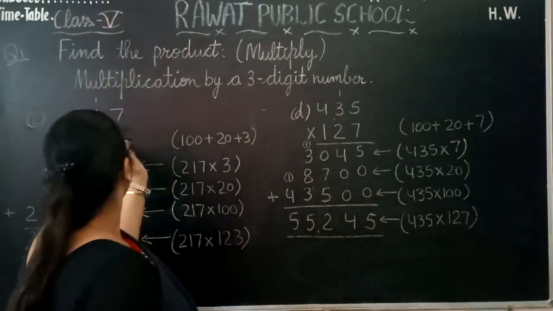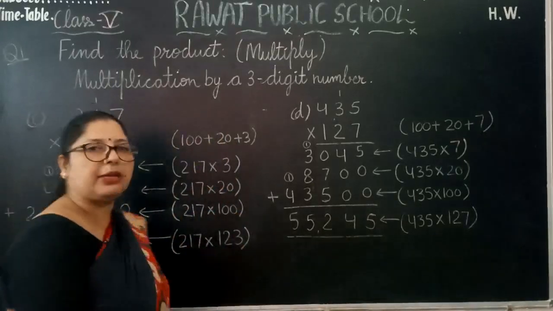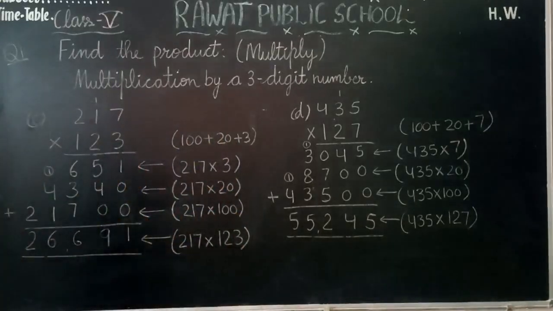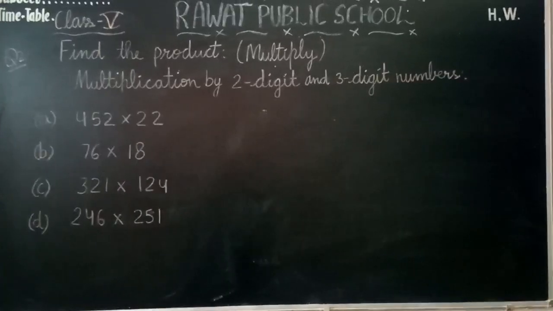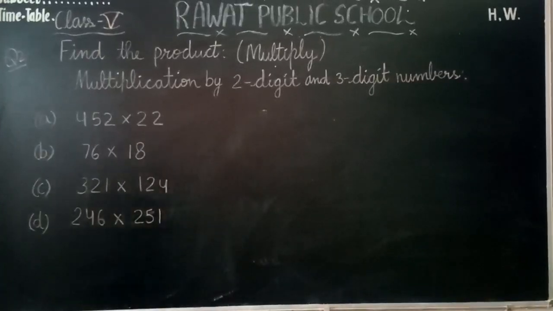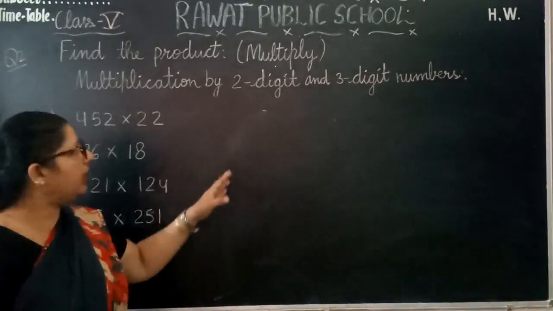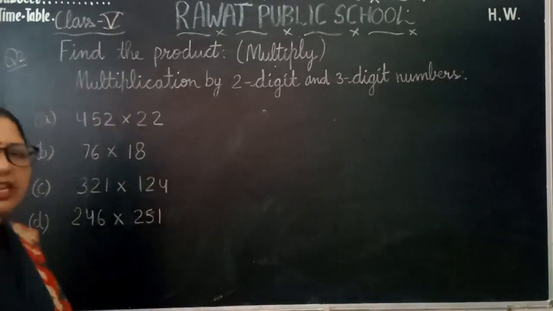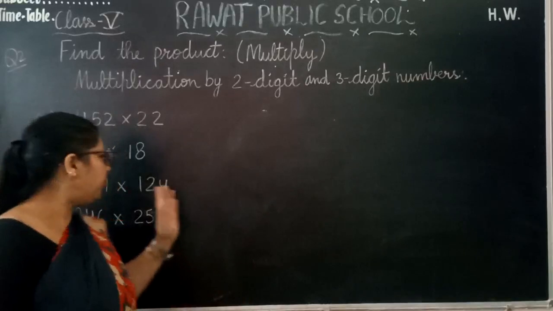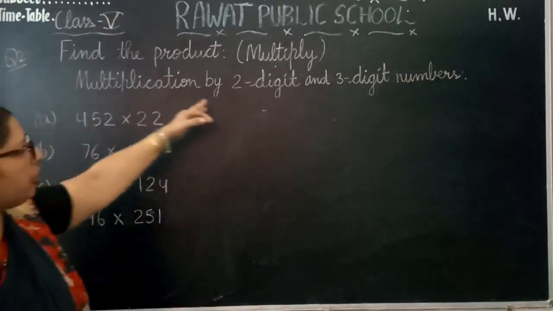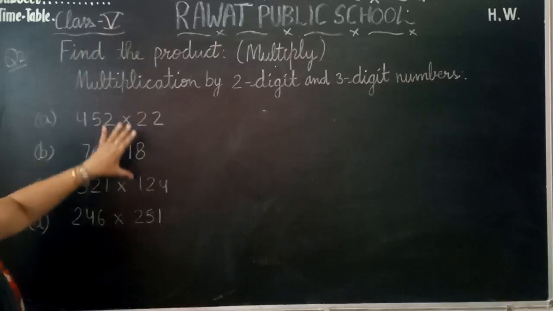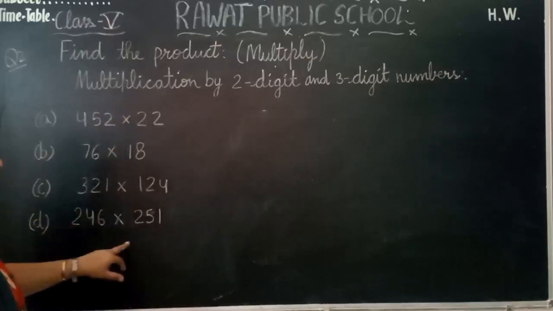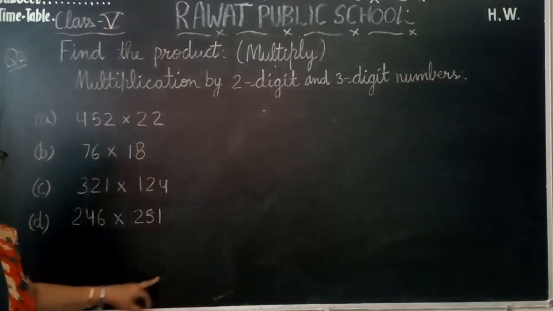So students, write down sum number C and sum number D. Now students, write down your homework. These are the 4 sums which I am giving you in the homework: multiplication by 2-digit and 3-digit numbers, both. 2 sums of 2-digit numbers and 2 sums of multiplication by 3-digit numbers.